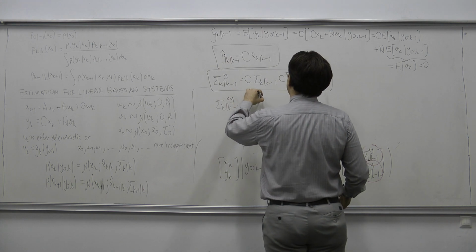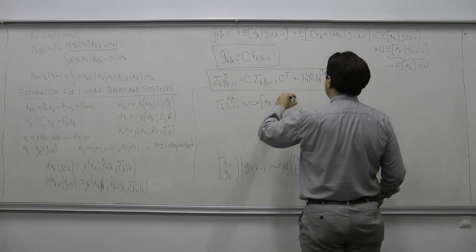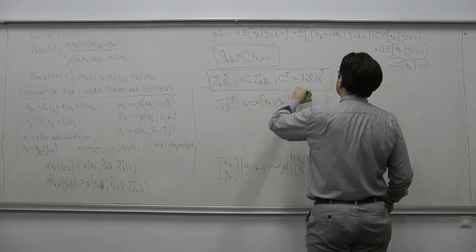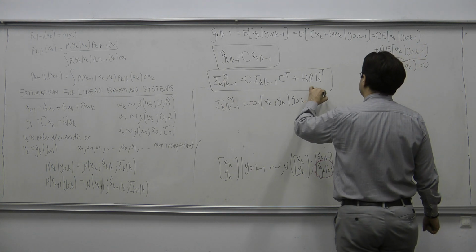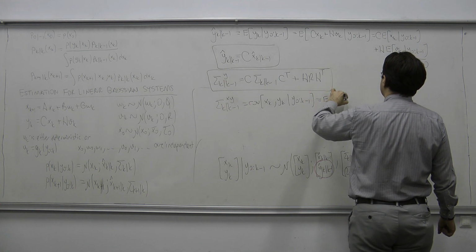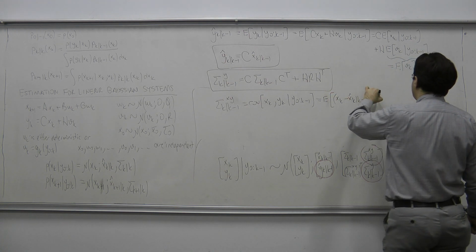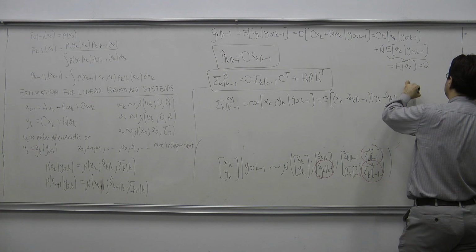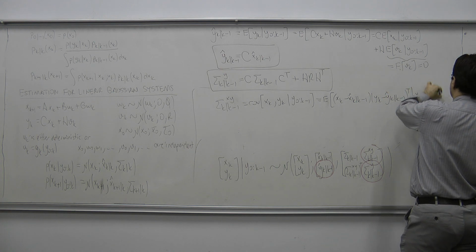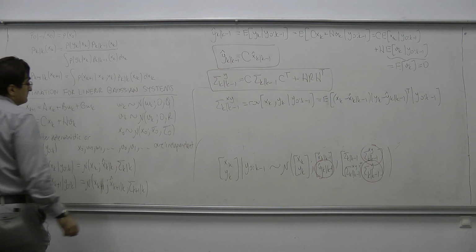So this is the covariance of xk with yk given y0 to k minus 1. All right? And we know that this is nothing but the expected value of xk minus x hat k given k minus 1 times yk minus y hat k given k minus 1 transpose given y0 to k minus 1. All right?